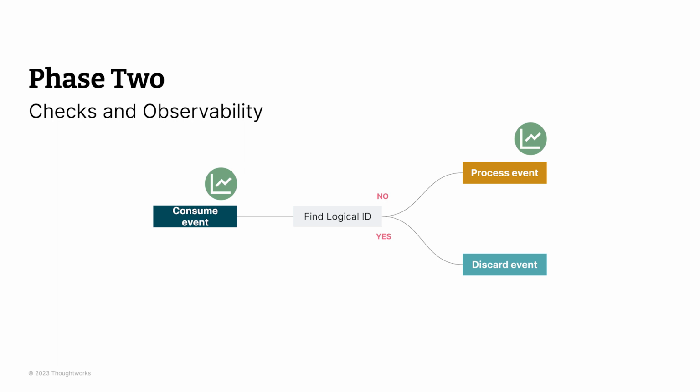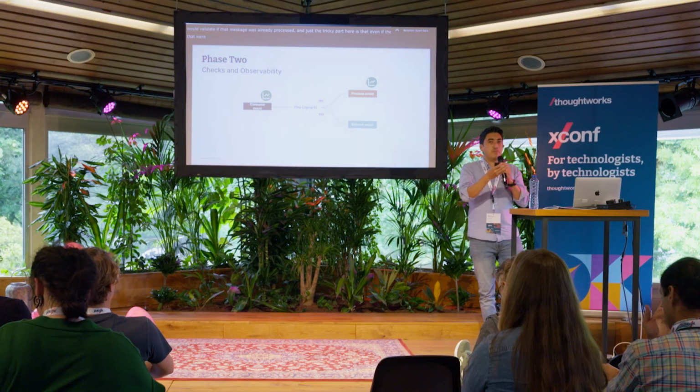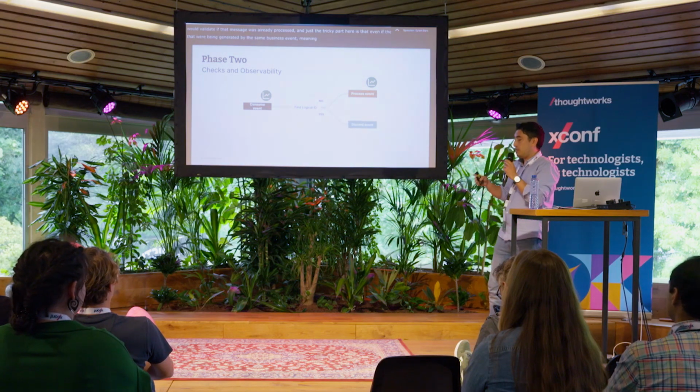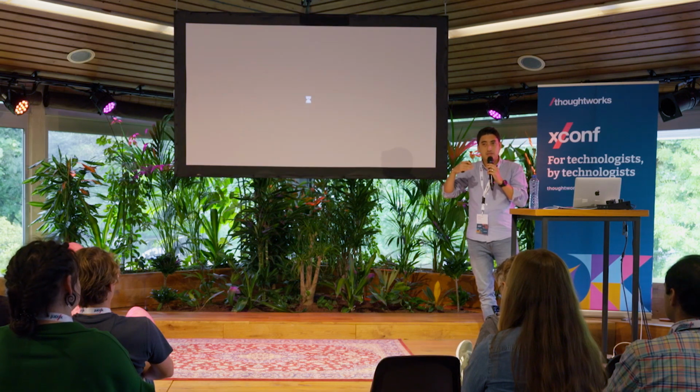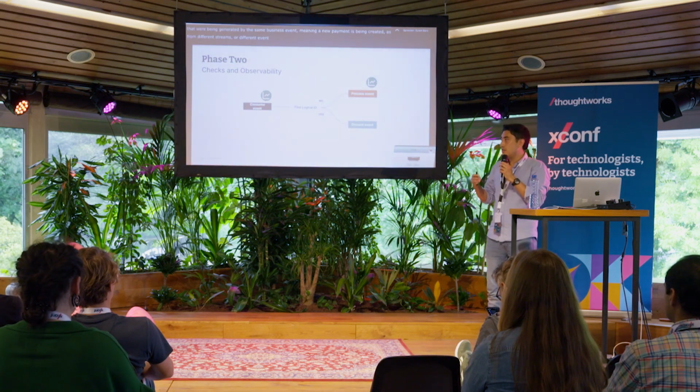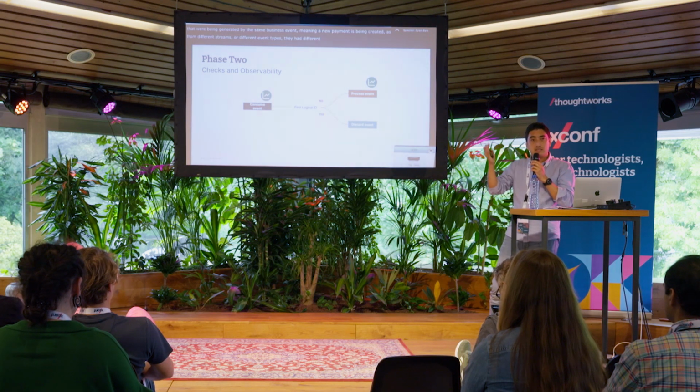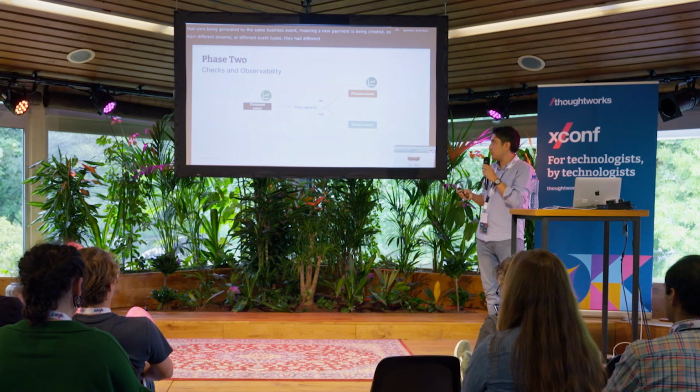Well, the kind of tricky part here is that even if messages were being generated by the same business event, meaning a new payment is being created, as they were coming from different streams or different event types, they had different physical IDs. So you need to find a logical ID that remains consistent across both streams.